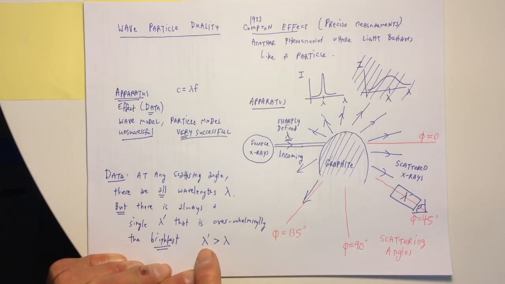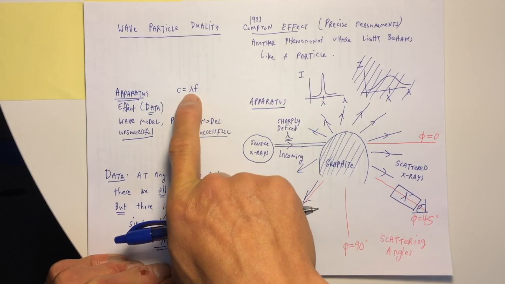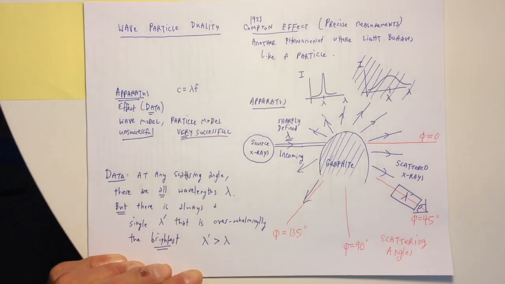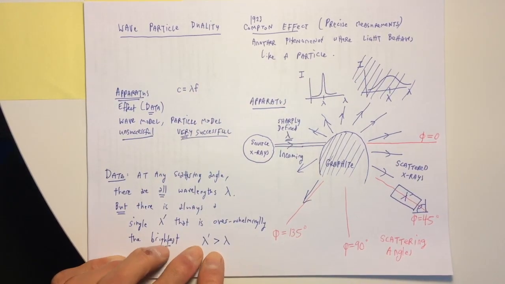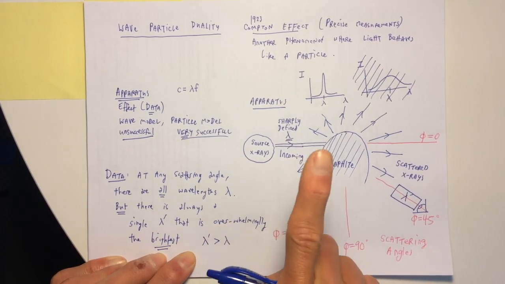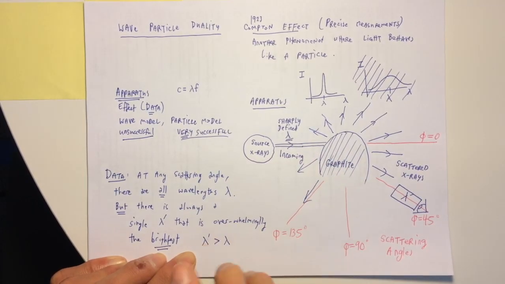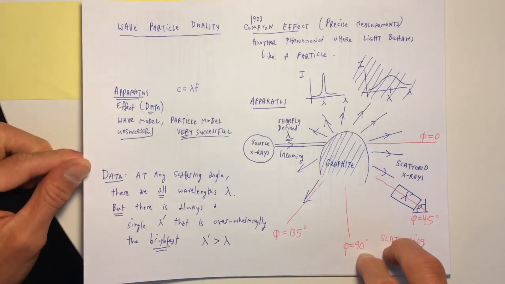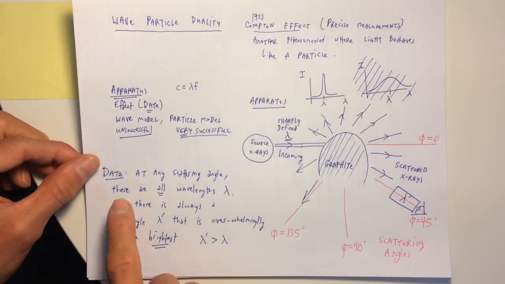It's actually longer than the incoming wavelength, which means it's less frequency, right? If you have a big wavelength, you have to have a small frequency to multiply to get the same value, speed of light. But anyway, there is always a brightest lambda prime that's bigger than lambda, and there's only one. There's not multiple that are similar brightnesses. Okay, so let me show you some more about the data.